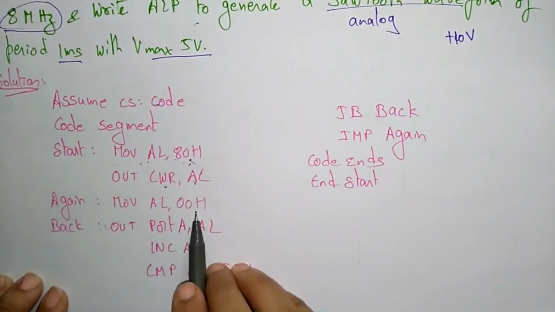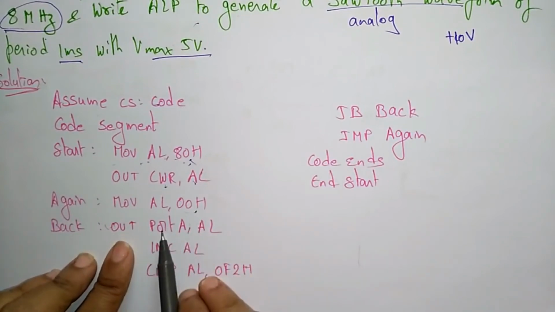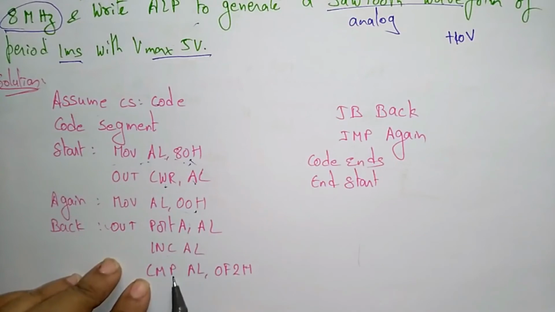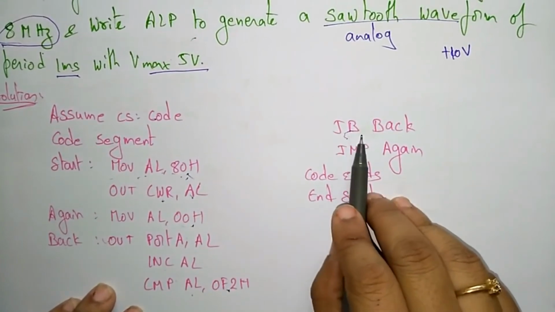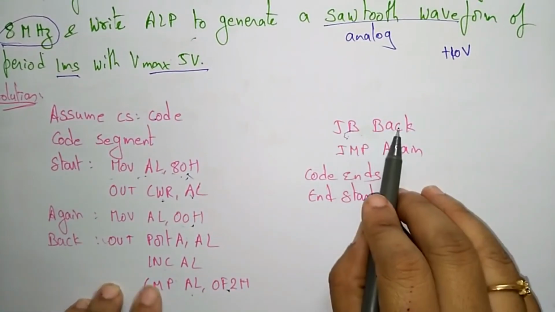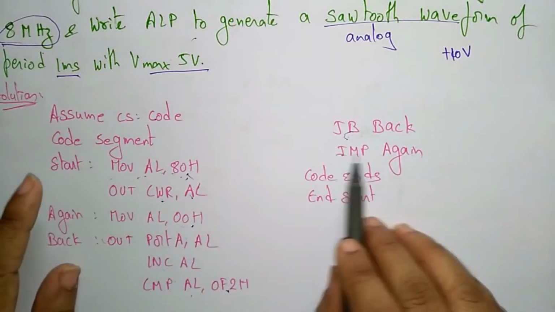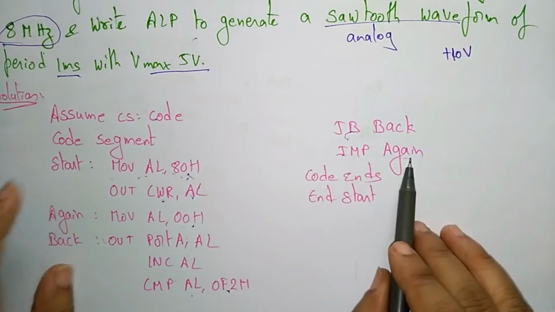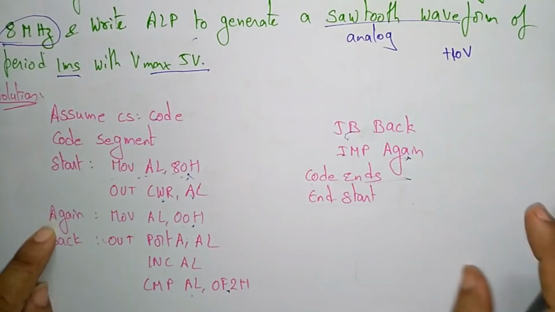Now move AL comma 00H and output that AL to port A. Increment AL and compare AL with 0F2H. If there is a borrow, you have to jump back. When comparing, if a negative result comes, you have to jump back. If it is not there, jump again. Code ends, and end starts.